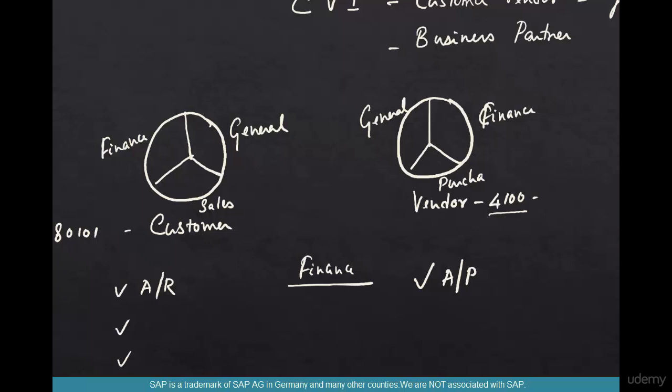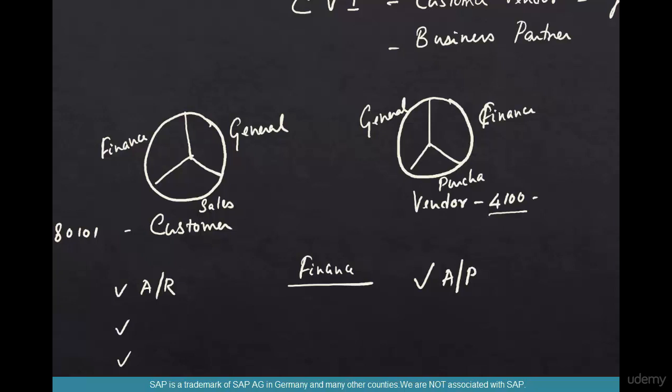Everything is good. Now, both of them are business partners, right? Customer or vendor. But these are not the only types of business partners. A bank is an example of a business partner. And especially in B2C, there are different kinds of business partners. Think of a real estate agency.